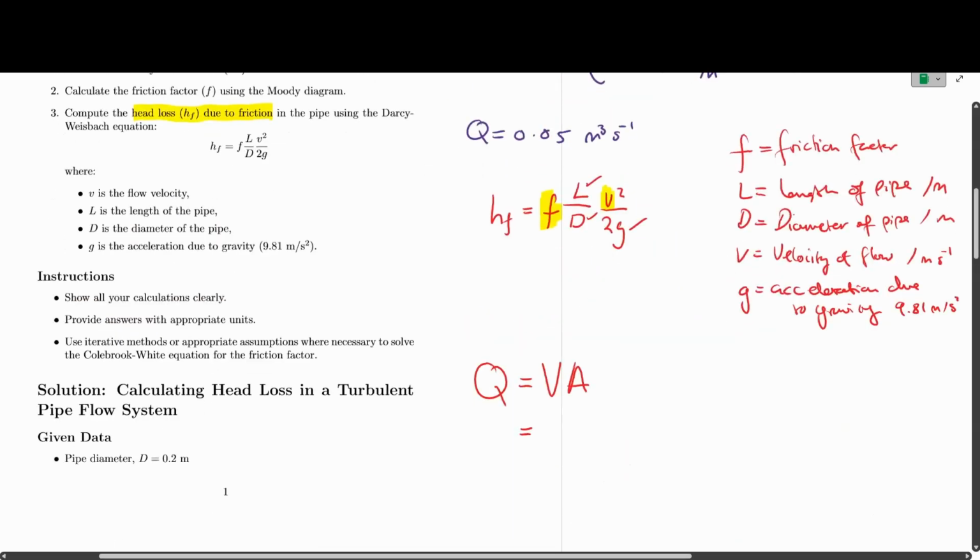So we can rearrange this to give velocity is equal to Q over A, where the area is equal to pi r squared, or pi d squared over 4. So r is the radius and d is the diameter, as mentioned before, and both of those in meters.